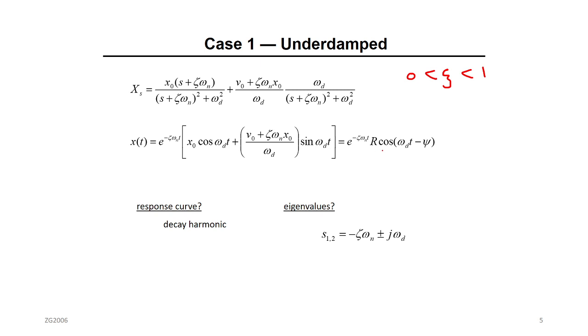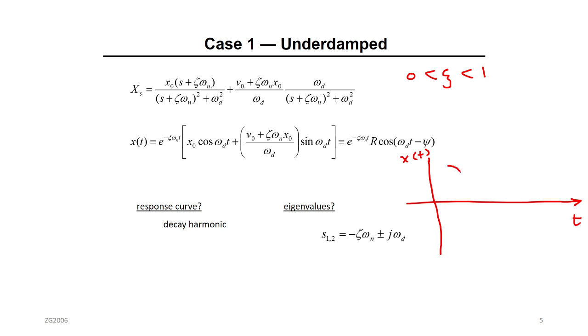Now let's draw the solution and see what's the difference between this solution and the previous one. This is the time. This is x of t. What's the difference? Cosine and r are similar to the previous solution, but multiplied by a decaying exponential. What does it mean, decaying exponential? The amplitude will decay as the time elapses.